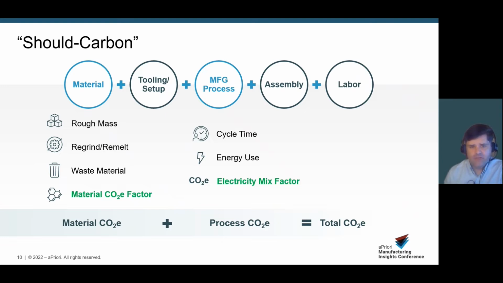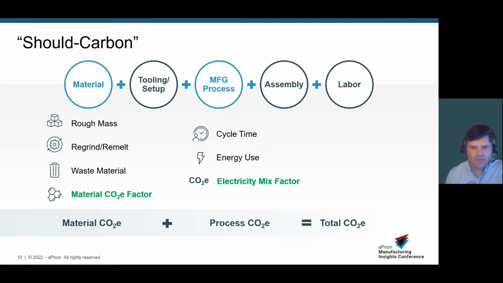And when we look at should carbon, we're looking at many of the same variables. We're looking at material initially, and manufacturing process. Within material, we are looking at rough mass, regrind, remelt, waste material, and the material CO2 factor to get that material carbon. We already understand rough mass, regrind, and waste material, really just adding that final variable of material CO2.